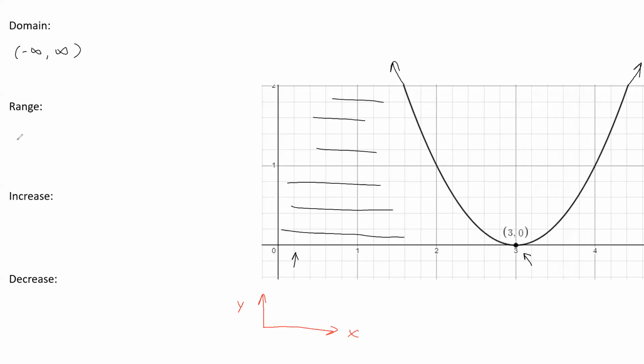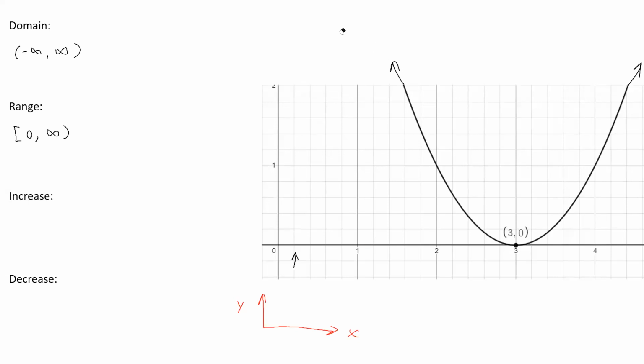And when we want to include something, we use a bracket instead of a parenthesis. So the way we're going to write this is bracket 0, comma, infinity, parenthesis. That's because we're going from 0, which is the lowest it goes, all the way up to infinity because it just keeps going and going straight up forever. So that's how we can find the domain and range for this function.